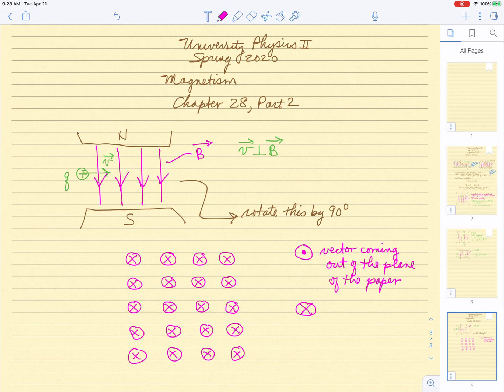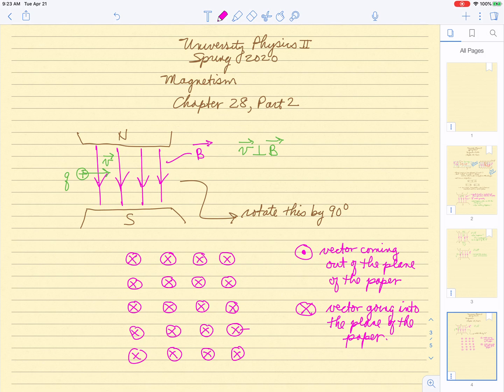And with a little cross inside that circle, this is a vector going into the plane of the paper. So we're going to need this designation throughout our discussion here.